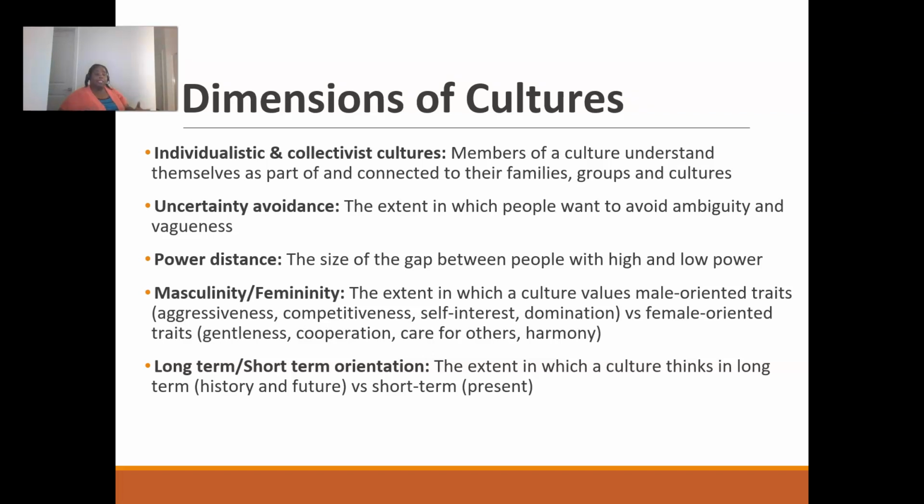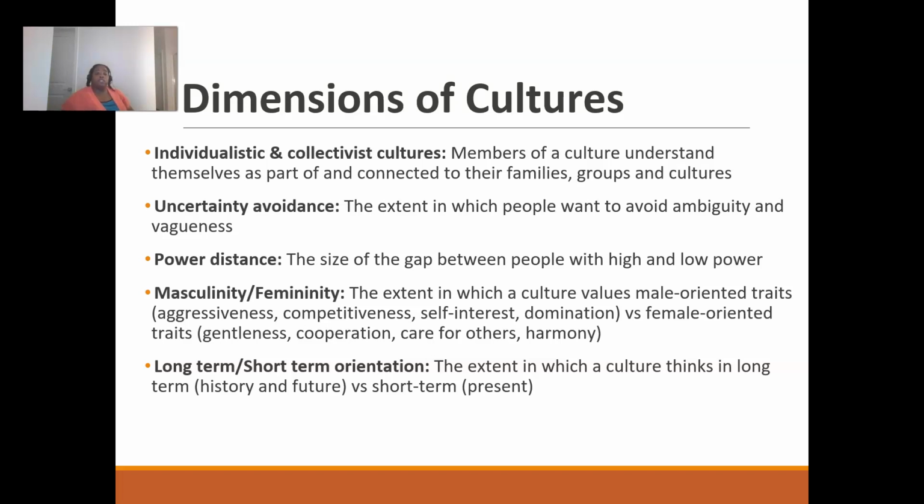Now, with masculine and feminine labeled cultures, it doesn't necessarily give any indication about the relations between men and women. These are just how we label certain traits, goals, and mindsets of these cultures.